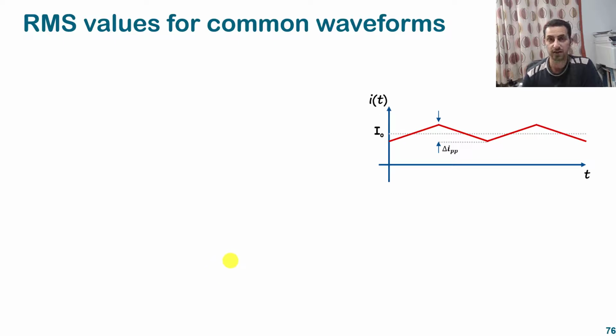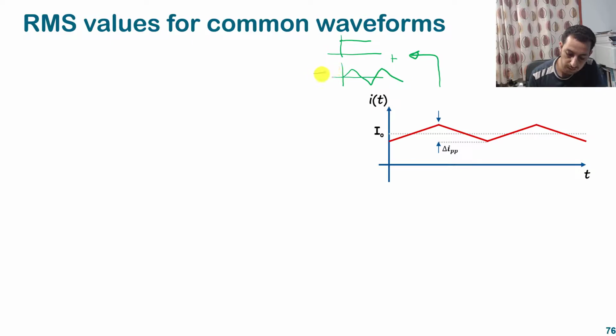Let's look at this signal. What do you think about this one? I think this is another triangular waveform, but it's shifted up by a DC value, or has an offset. That means this signal can be decomposed into a DC value plus the triangle wave.